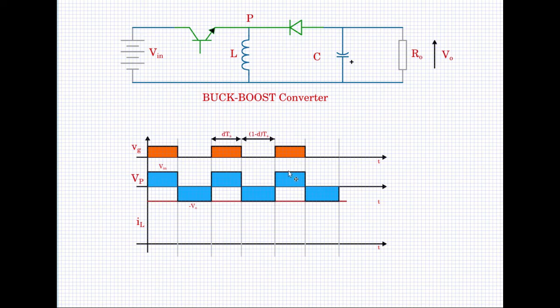So this pole voltage gives the information for the voltage rating of the devices. When the BJT is on, this diode is off, the voltage across that is V in at this point, and this is minus V naught. So the diode has to withstand the entire voltage which appears across this loop.